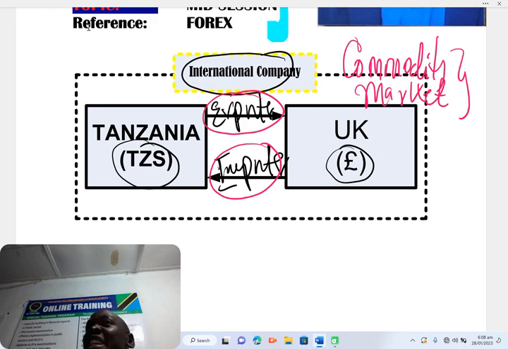So you're going to use the spot rate at the date of pay. So pay has to be converted from their foreign currency to Tanzanian shillings. That is the spot rate at the date of transaction.